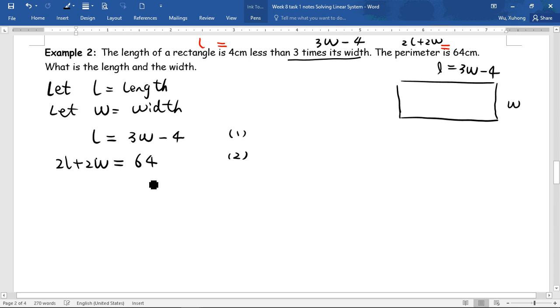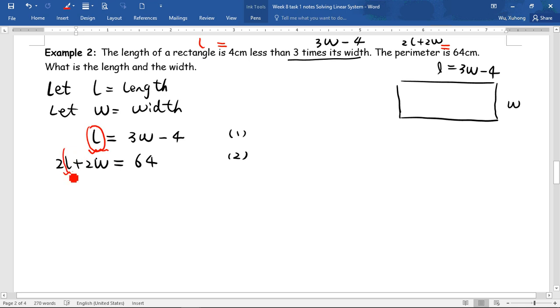For this equation, because the L is isolated already, we don't want to bother using the elimination method. You could use any method, either substitution or elimination. If you see one variable isolated, we could just do the substitution method.